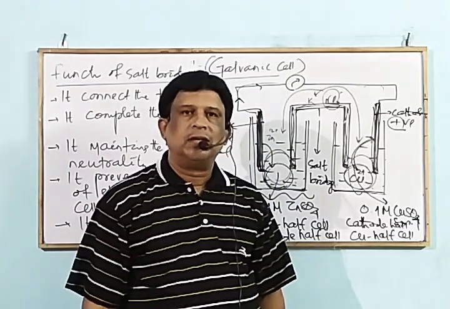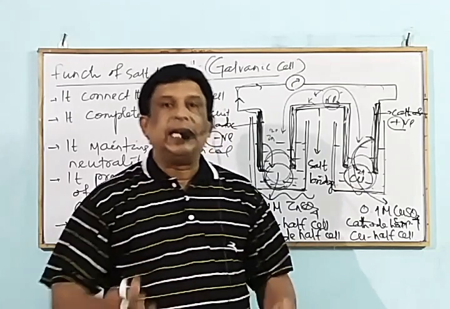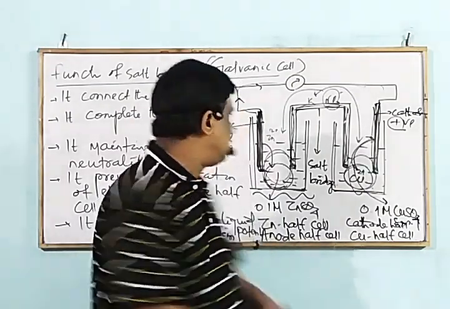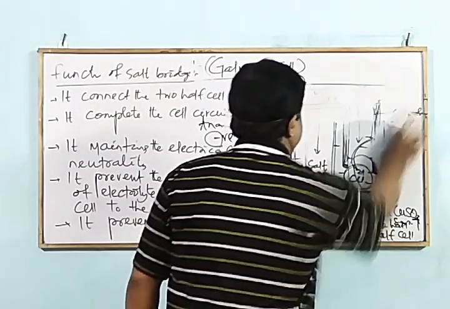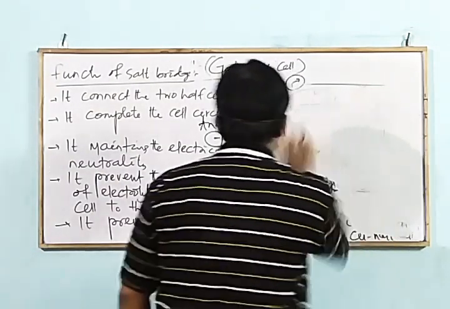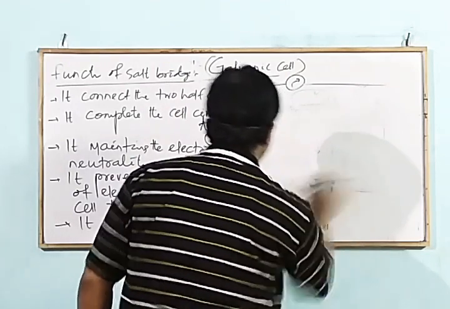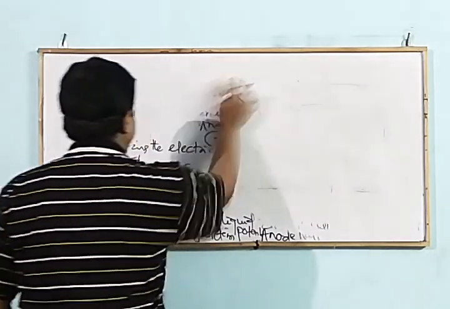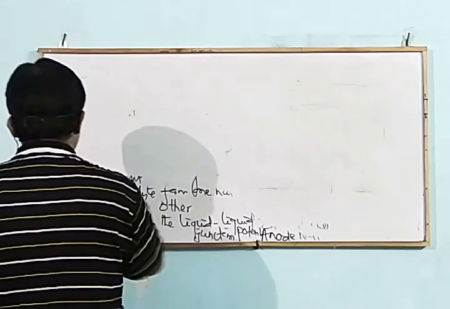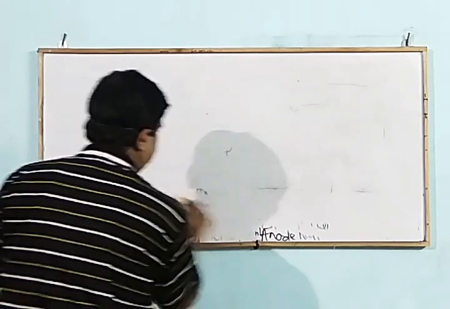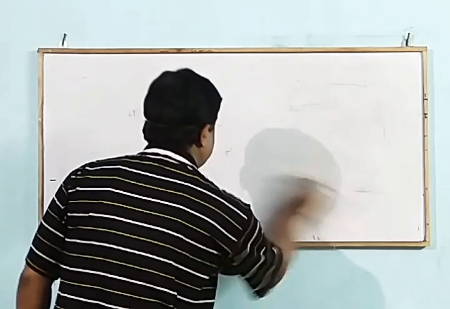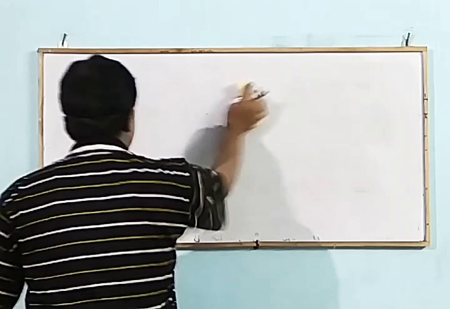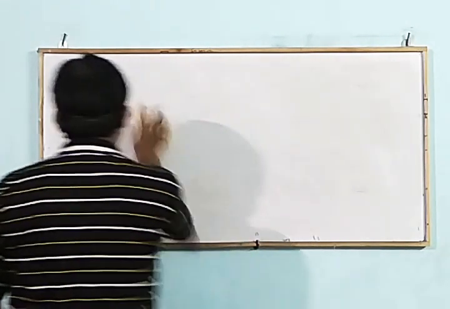Next, we go through the cell representation, how the symbolic representation of a cell takes place. The last one is the cell notation or cell representation.